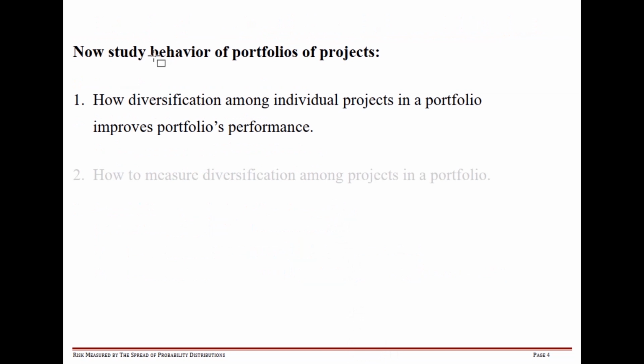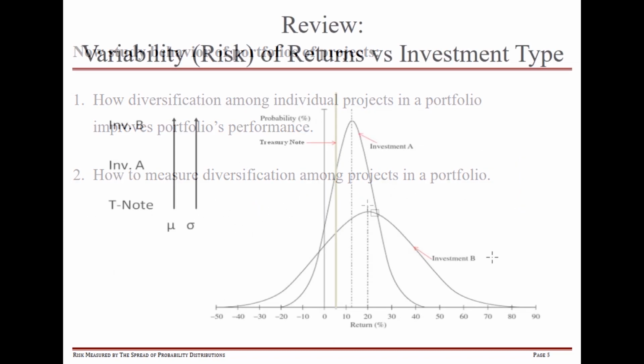So now, like I say, we're going to be looking closely at the behavior of portfolios of projects and addressing in particular two things. First is how diversification among the individual components of a portfolio can help improve its performance. And on the other hand, how to measure diversification among the individual projects in a portfolio.